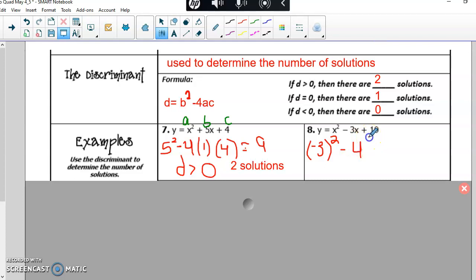My A value is a 1 again, and my C is a 10. Keeping all those parentheses straight. Now, order of operations, I'm going to get 9. And now I have minus 4 times 1 times 10, which is going to give me 9 minus 40.